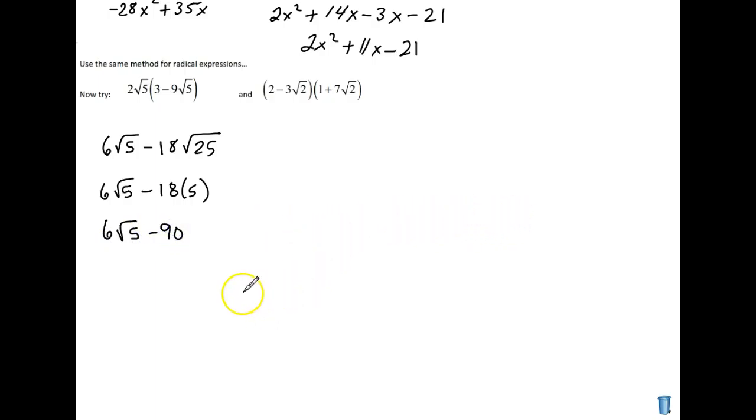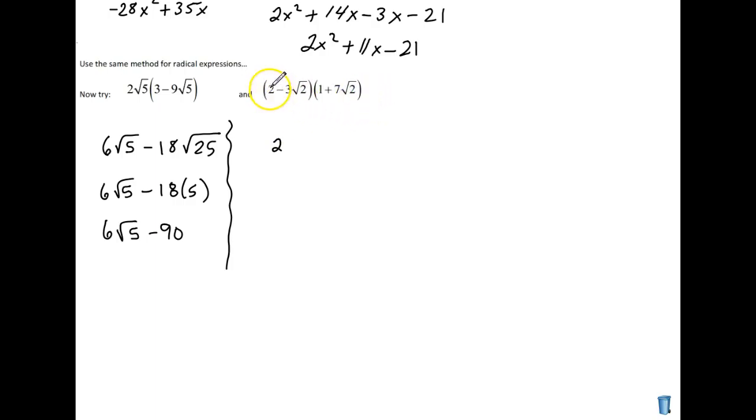Remember, I cannot combine these because one has square root 5 and one doesn't. If they both had square root 5s, we could put them together. All right. We're going to use the FOIL method, or multiplication distribution method, just like we did in our previous one up there. So this becomes, first is 2 times 1, which is 2.